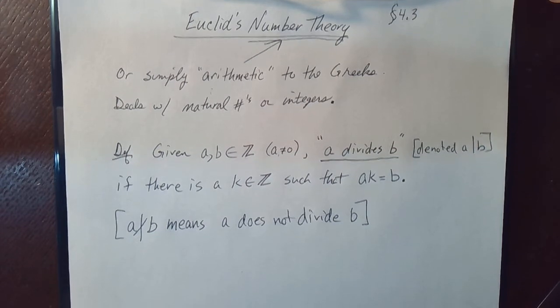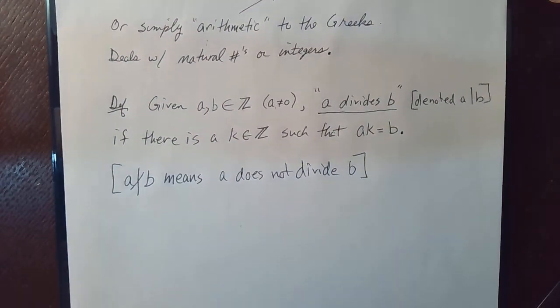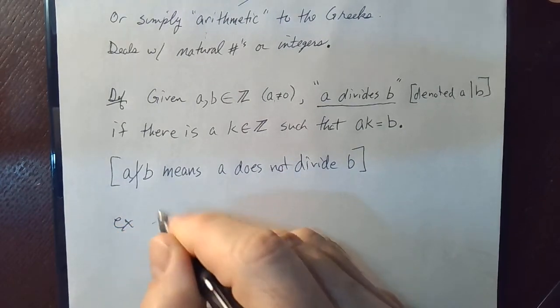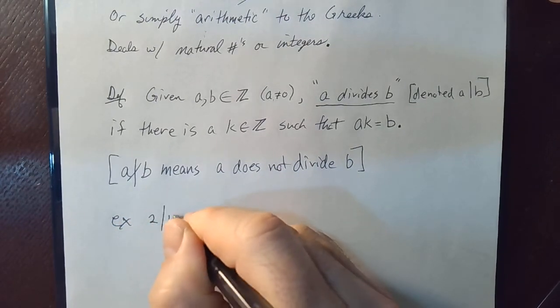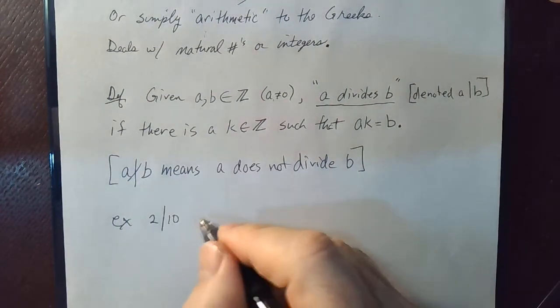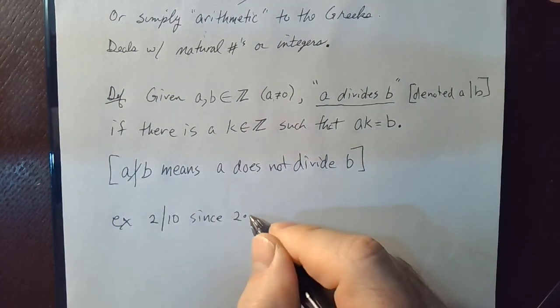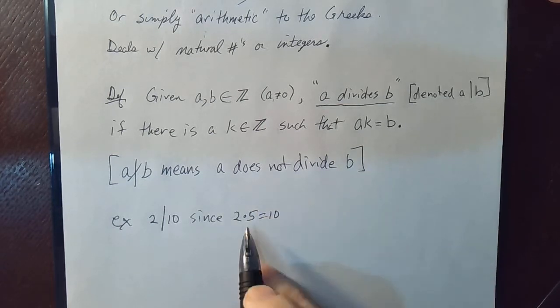So let's look at some simple examples. We could do any number of them. 2 divides 10, obviously, since 2 times 5 is equal to 10, that would be my integer k.